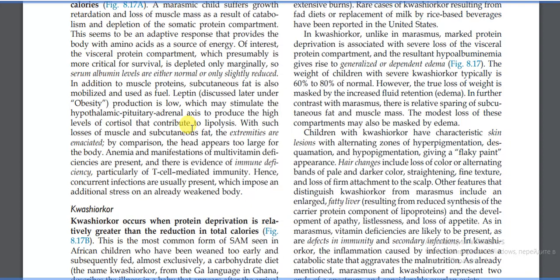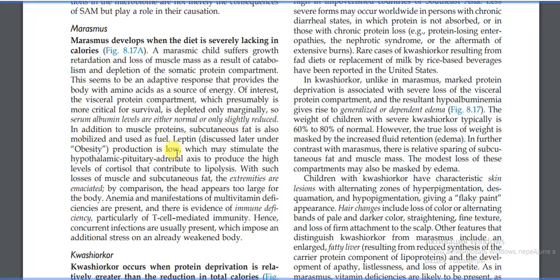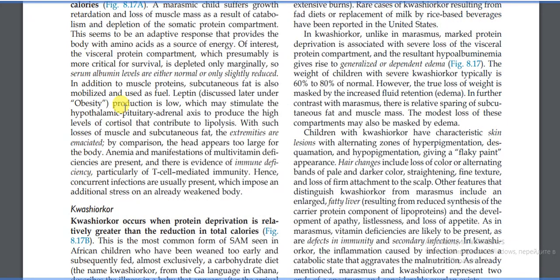And of course, it will cause immune deficiency because of lacking protein synthesis and normal activity of the body, and immunity does not work properly. So it's a multi-step process of marasmus disease and how it affects the body.